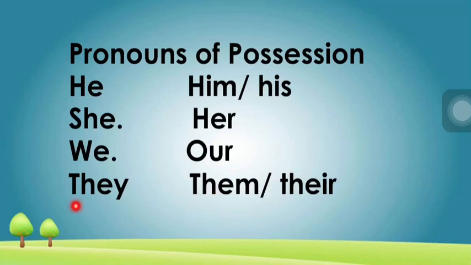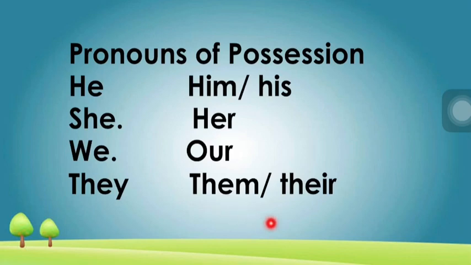Is it clear, children? When we are talking about two or more persons, we use the pronoun they. When we are talking about two or more nouns, then we use they. That can be either persons or things. Then, to show the possession, which pronoun do we use?